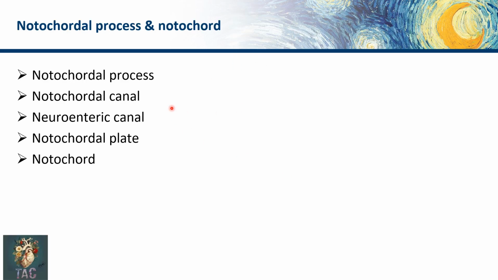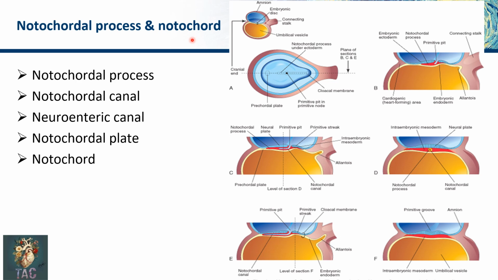Now we move on to the notochordal process and notochord formation, which is also an important event in the third week of development. In this diagram, first you can see the notochordal process, the cells migrating through the primitive streak, and they come to lie between the epiblast and hypoblast up to the level of the precaudal plate, and these cells initially form the notochordal process.